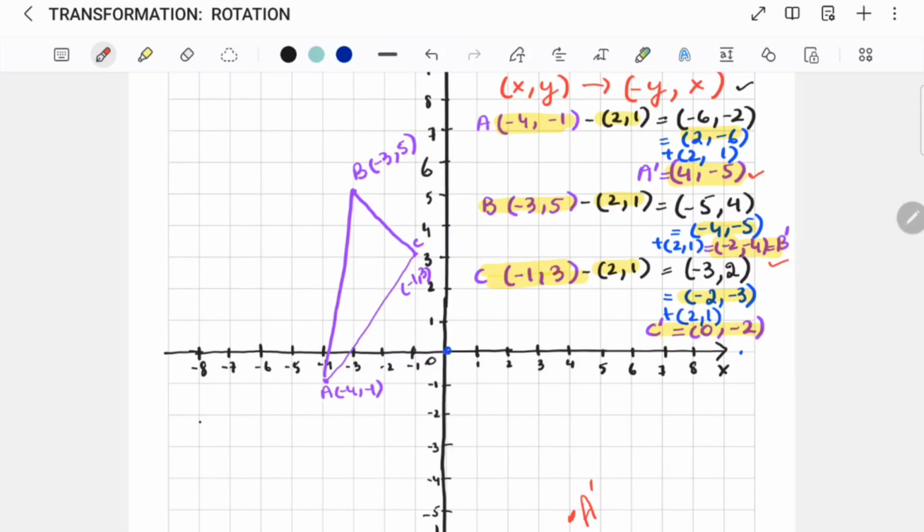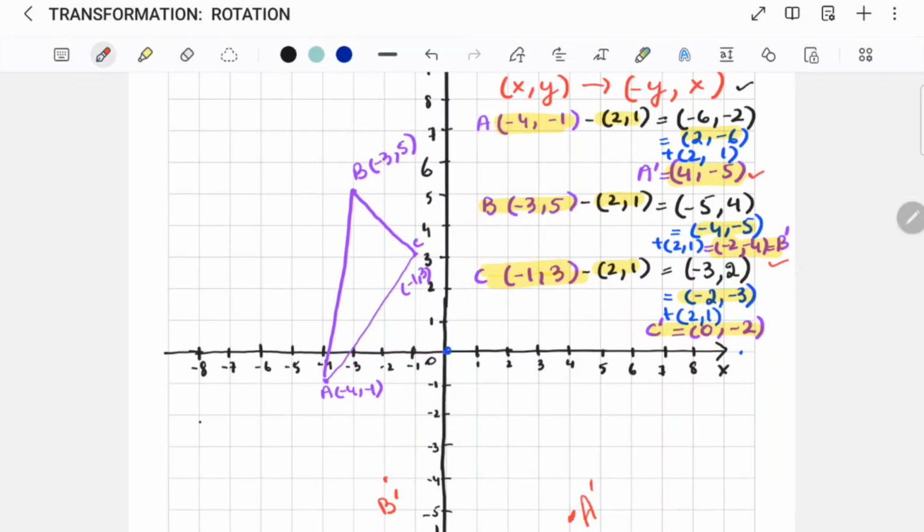Minus 2 and minus 4 is your B prime. Check it also. Okay, so your center was 2 1. Try this. Your B to the center, and it is anti-clockwise. You can check this one. Yes. Okay, so this is also correct.